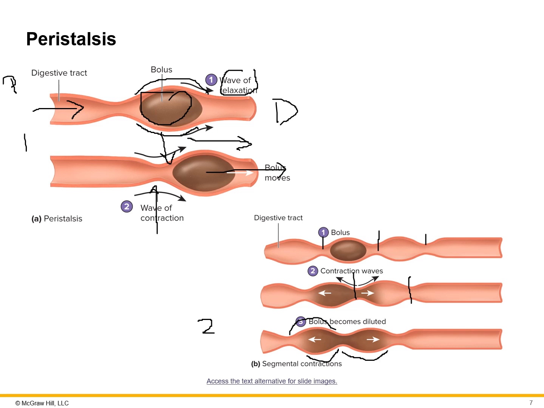So what this entails is that bolus is not propelling as one large lump sum or as one large ball, but instead it is being broken down and distributed or sort of scattered or spread apart, so it becomes diluted. So it's not just that one area of the tube is squeezing at a time. Segmentation is to take a larger aggregate of bolus and to spread it apart in the hopes of diluting it.